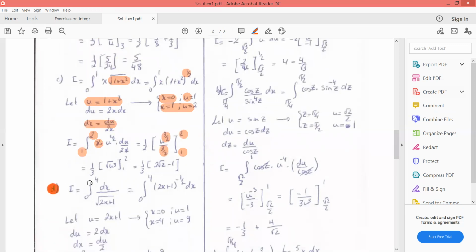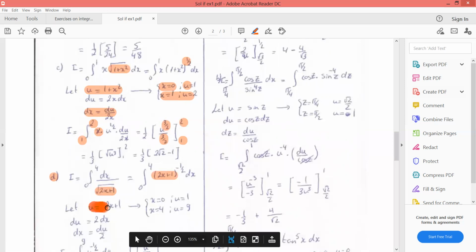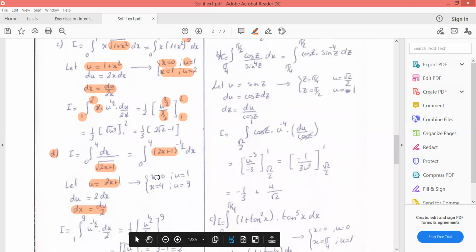Part D. Radical 2x plus 1. I put it in the numerator, 2x plus 1 to the power minus half. I take u equal 2x plus 1, dx equals du over 2. For x equal to 0, u equal 0 plus 1 equal 1.